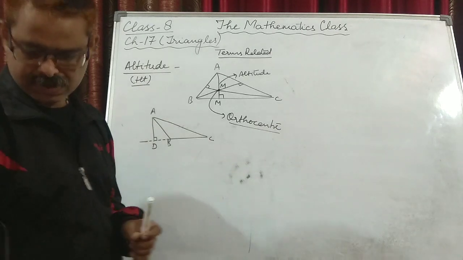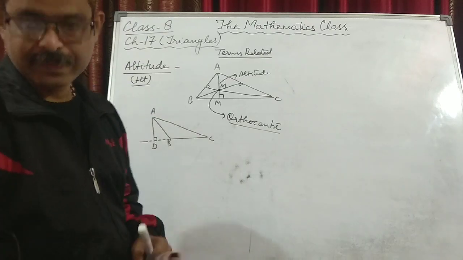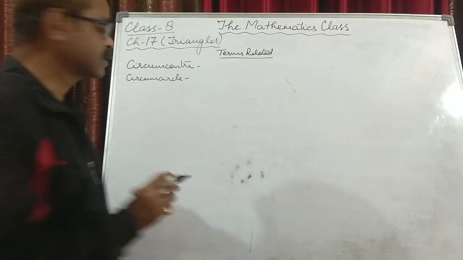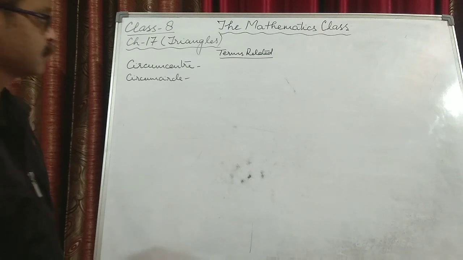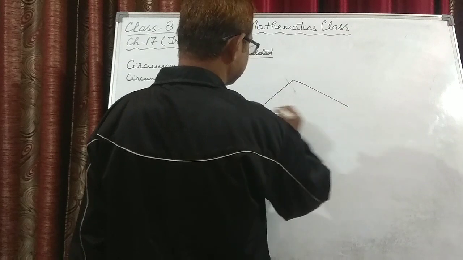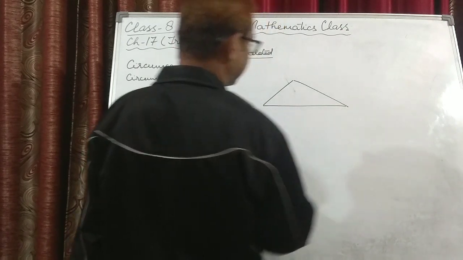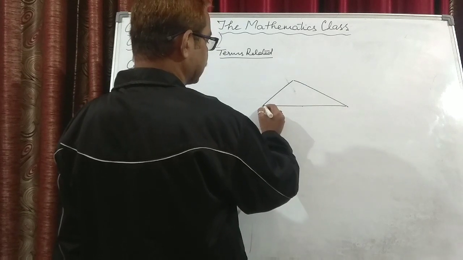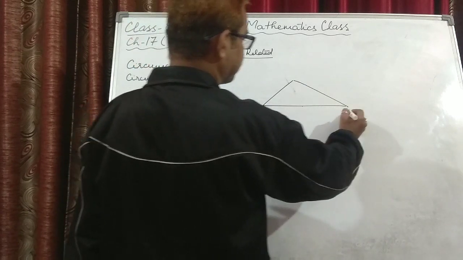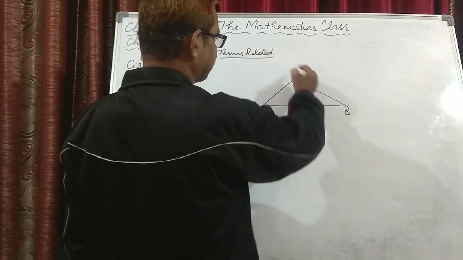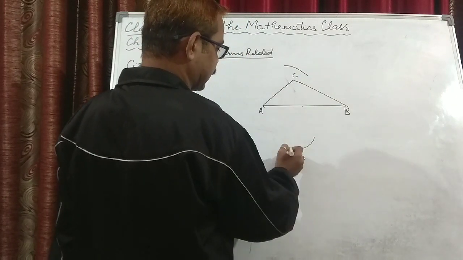Now the next topic is circumcenter and circumcircle. Suppose I take a triangle, something like this, and I draw its perpendicular bisector. We know how to draw the perpendicular bisector. Take the compass, let us say A, B, C. Open the compass more than half, cut an arc over here and cut an arc over here.